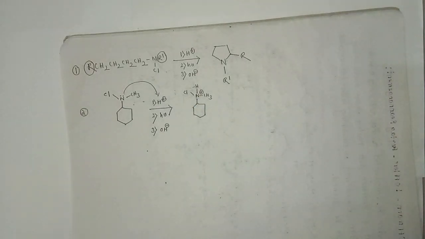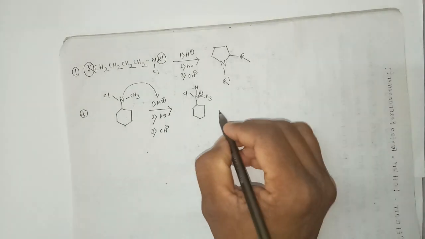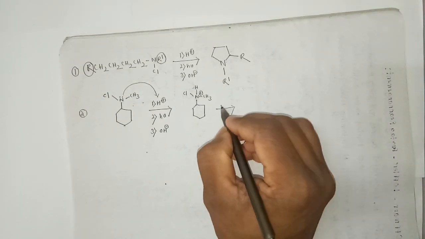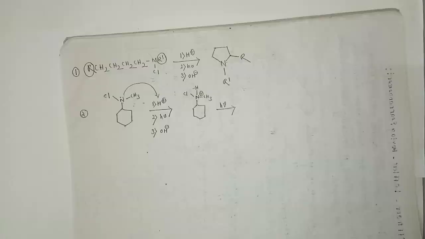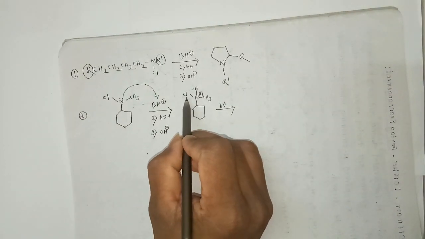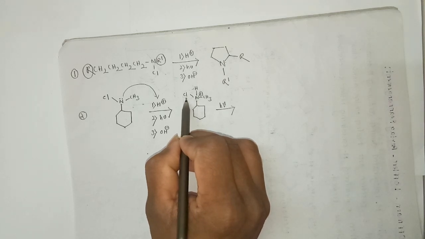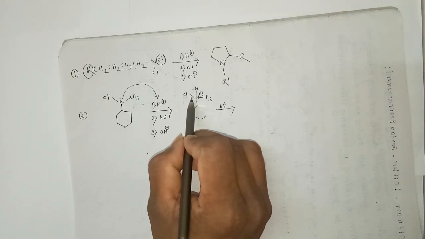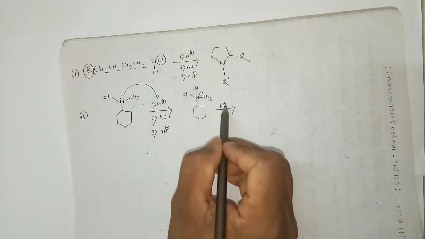Okay, the next step, we have light. So the nitrogen chlorine bond will divide into two radical parts. This nitrogen and this chlorine atom, this bond is divided into two radicals in the presence of light.